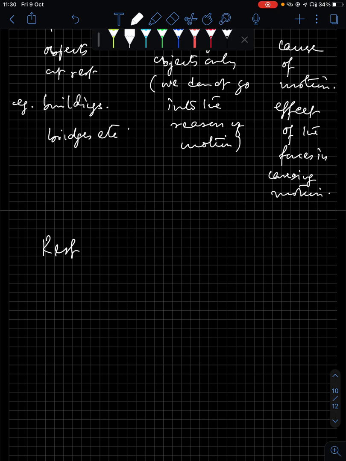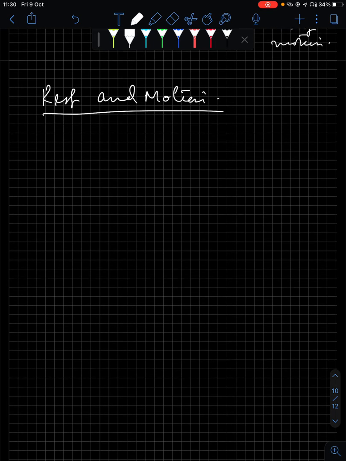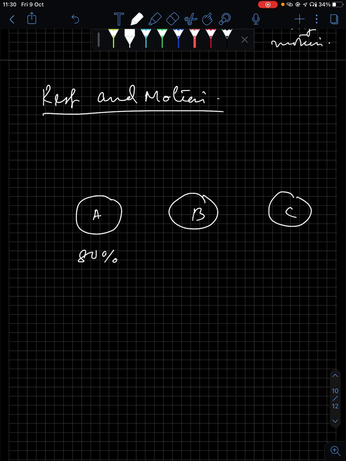Next, we have the concept of rest and motion. I'll put an example initially, and then we'll get into the definitions of rest and motion, which will enable you to understand clearly. Firstly, you have three persons, A, B, C. Say A is 80% skilled in mathematics, B is 60% skilled, and C is 40% skilled.